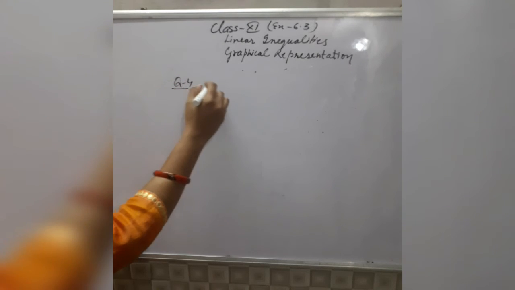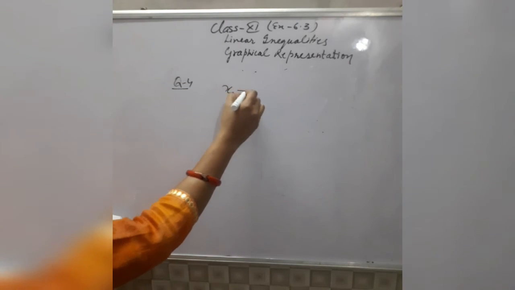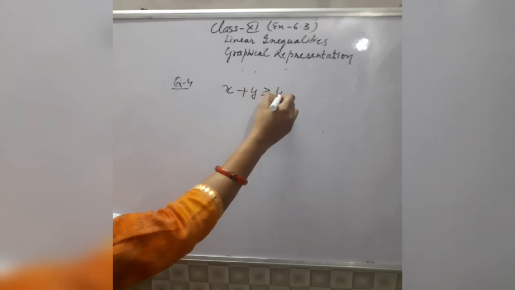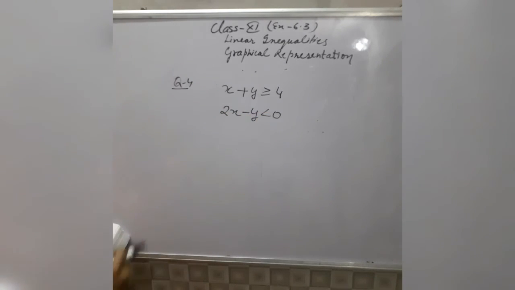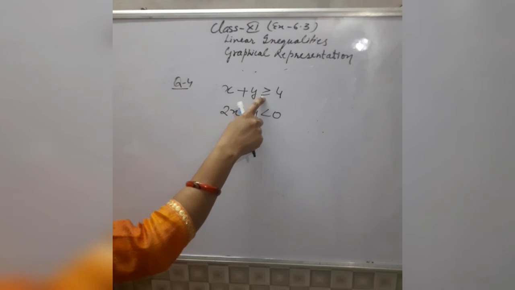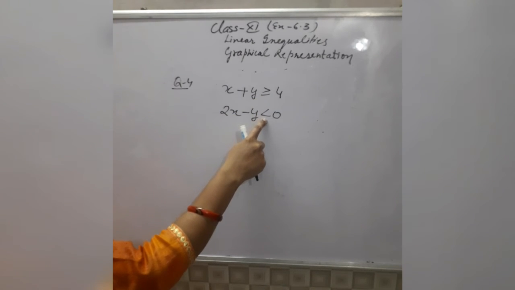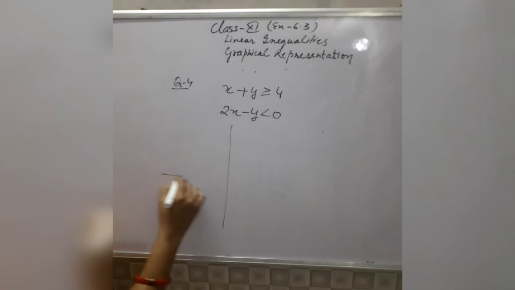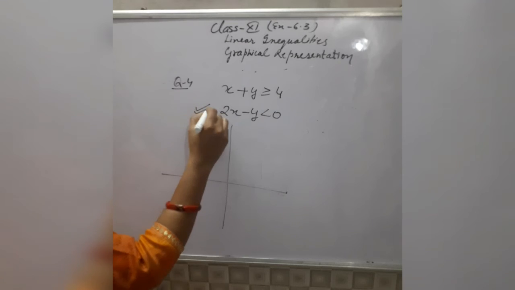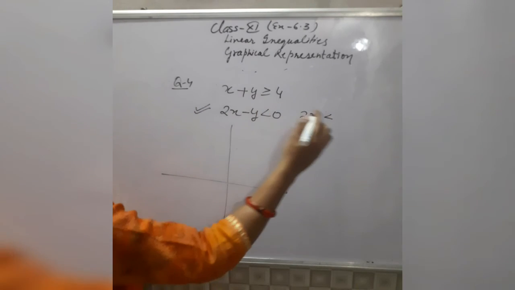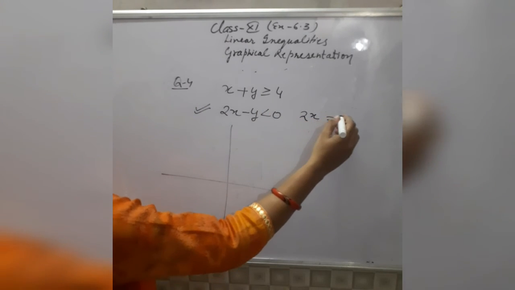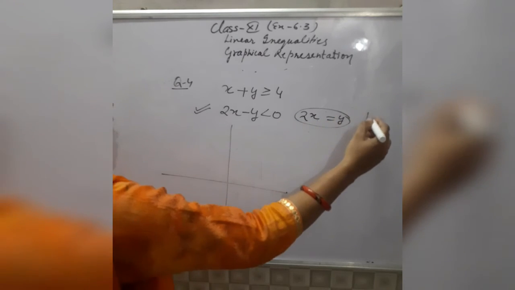In question number 4, the linear inequalities are x plus y is greater than or equal to 4 and the second equation is 2x minus y less than 0. In this case, in one inequality the equal to sign is given, here only the less than sign is given to you. So if you draw the graph, in the second case this equation can be written as 2x, this minus y comes on this side, and if you take the equal to sign it becomes 2x equal to y.